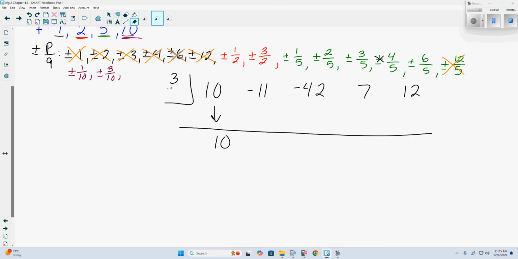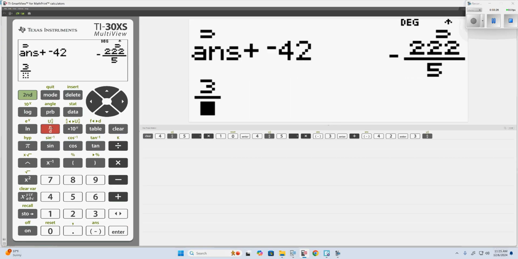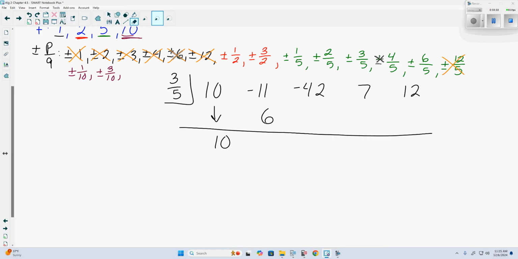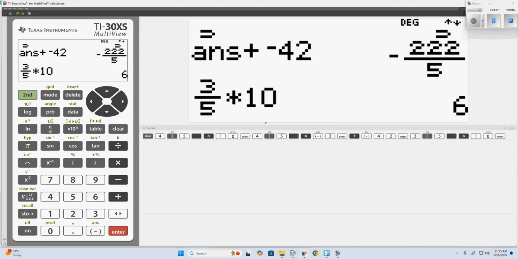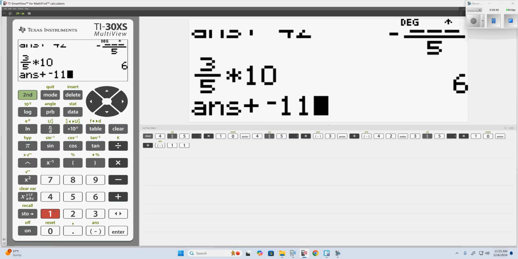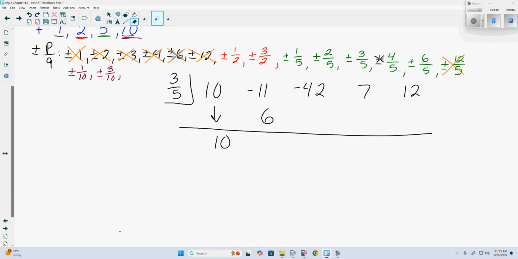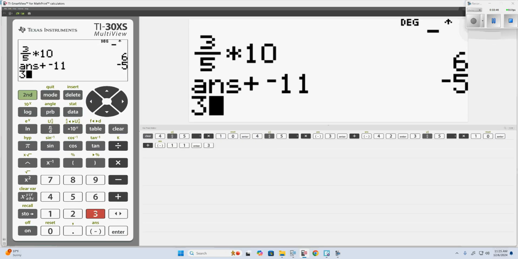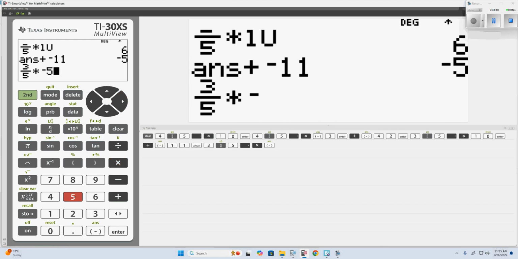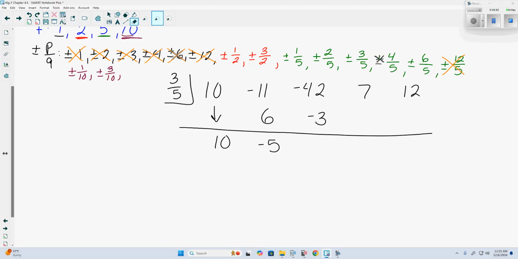So let's try 3/5. And we can start the same process over again. We can say 3/5 times 10 is 6. Negative 11 plus 6, we add negative 11 to it and get negative 5. And then we do 3/5 times negative 5, which is negative 3.